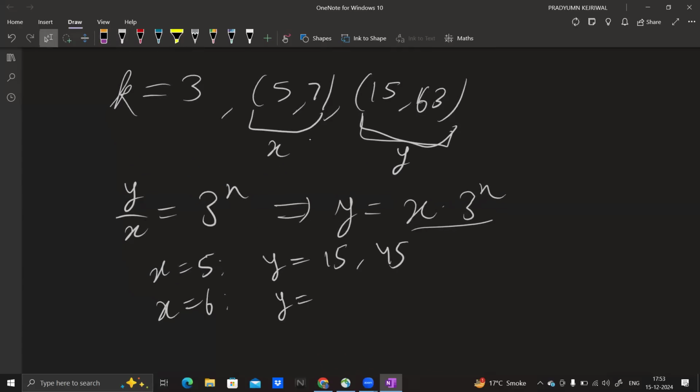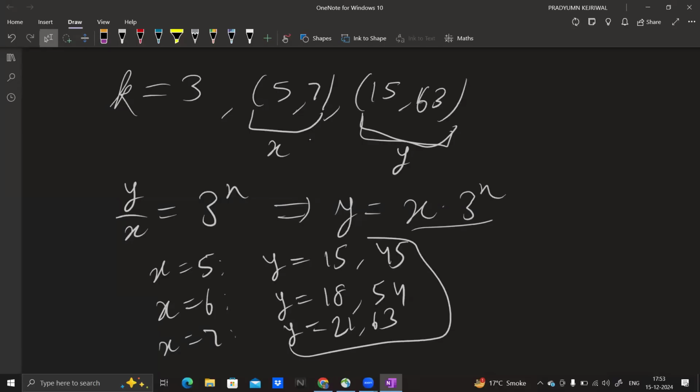Then y can be 6 into 3, that is 18, or 6 into 3 square, that is 54. And if x equals 7, then we can have y equal to 7 into 3, 21, and 63. So all of these y's are in this range of y. Therefore, all of these ordered pairs are correct. So therefore, we have the answer as 6, right?